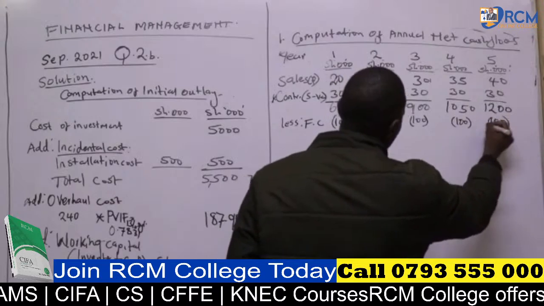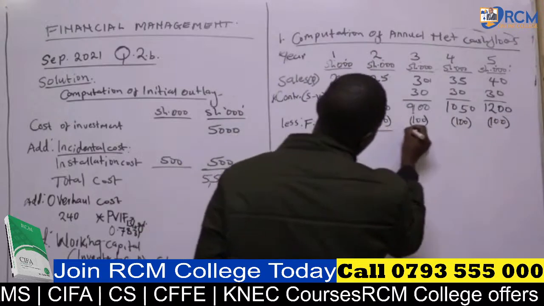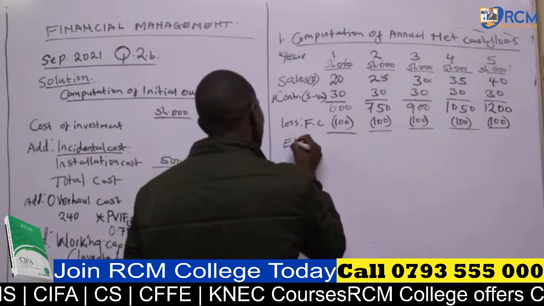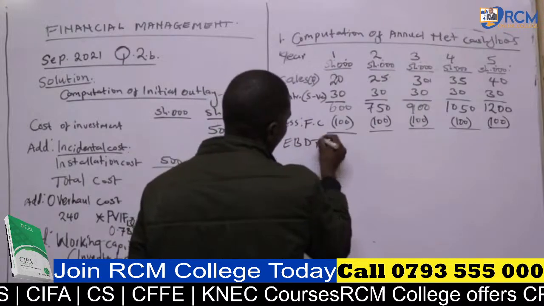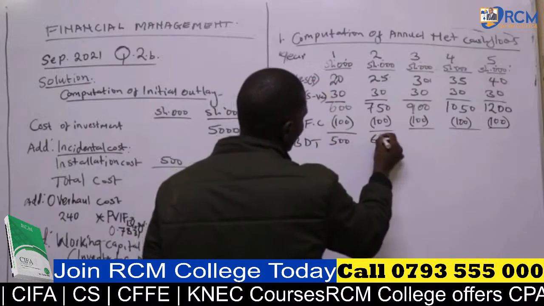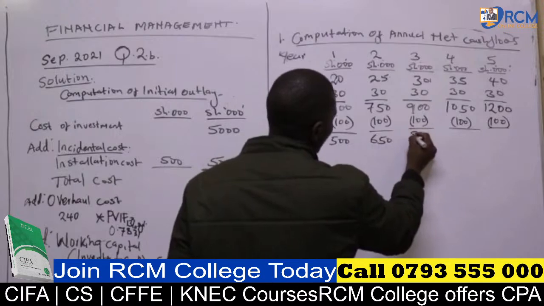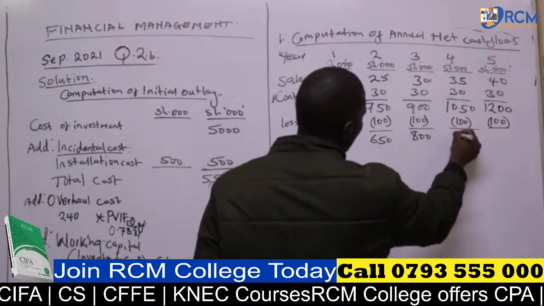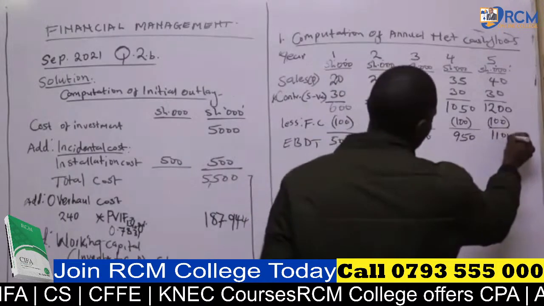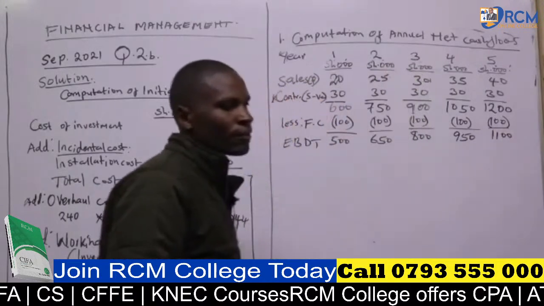100,000, 100,000. Now, class, remember once I get earnings before tax and depreciation, I will be good to go. This is 500, 650, 800. This is 950, and this is 1100. Good.